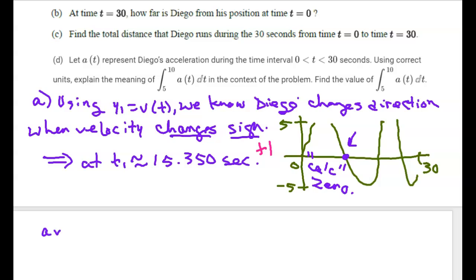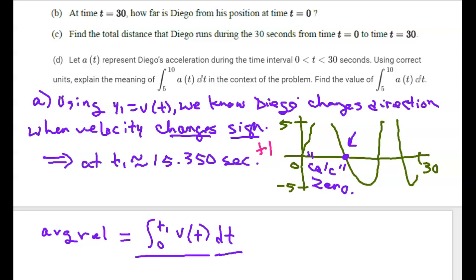So the average velocity is going to be the integral between time of 0 and that time that we found, t sub 1, of the velocity function, v of t dt, over t sub 1 minus 0. It's like adding up all of those function values between 0 and t sub 1 and dividing by how many there are. That's the average value. You do get a point on the AP exam for stating how you found the average velocity.